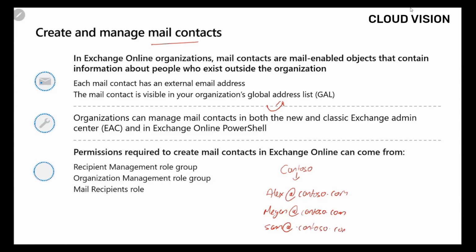When they create these recipients, they are automatically added into the global address list, which is available for each and every user in the organization whenever they want to refer to it.